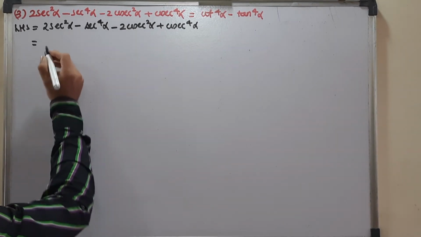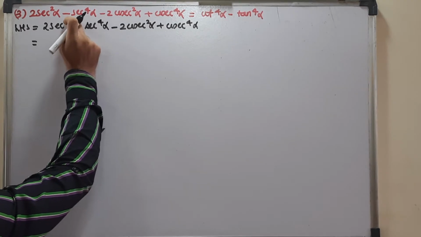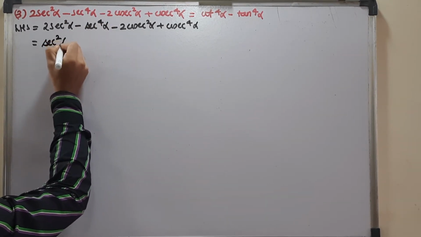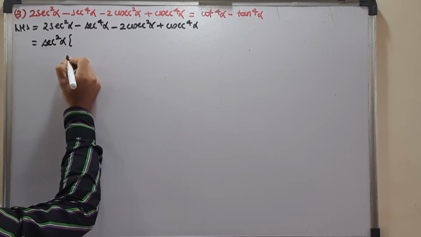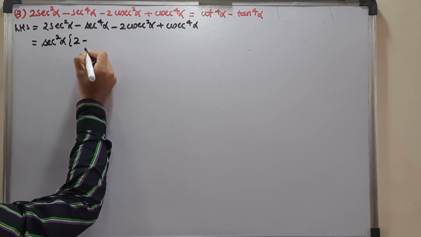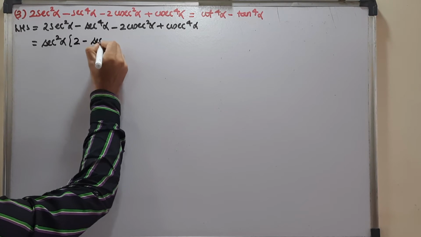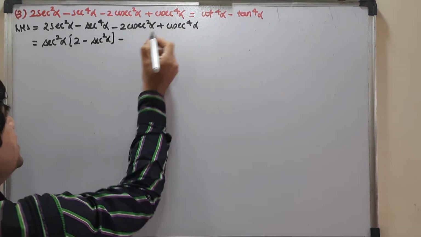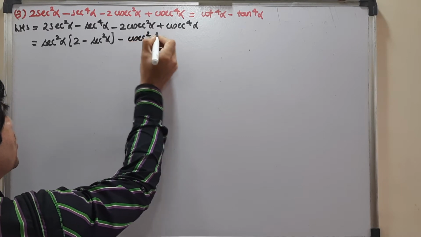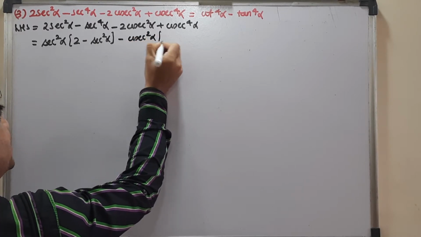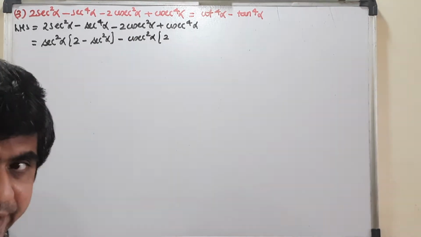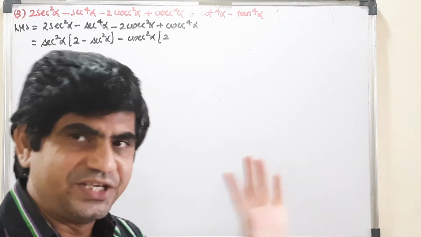When I take common over here, the power is 2, power is 4, so the power 2 can be taken as common. Here I remain with 2 minus sec square alpha, minus, and here I get cosec square alpha, common 2.